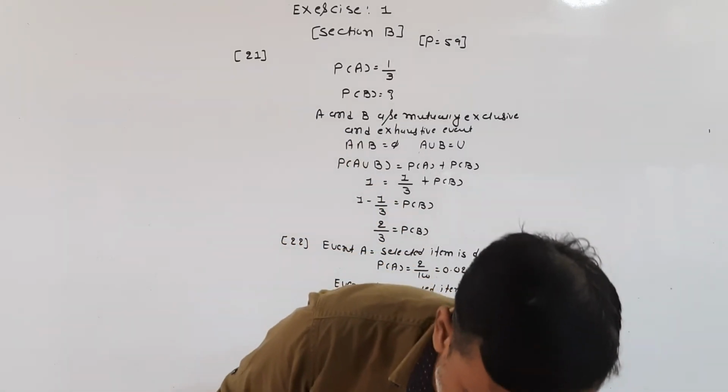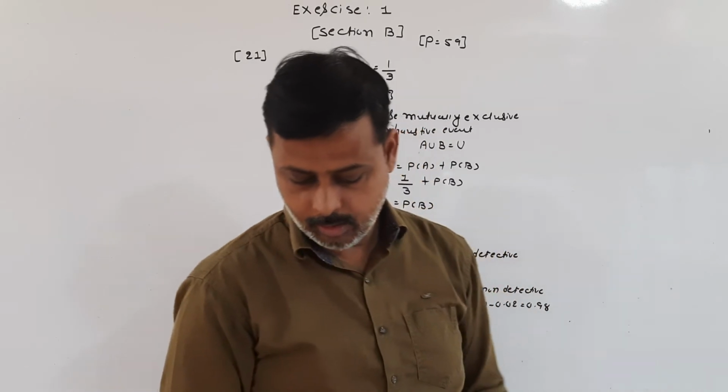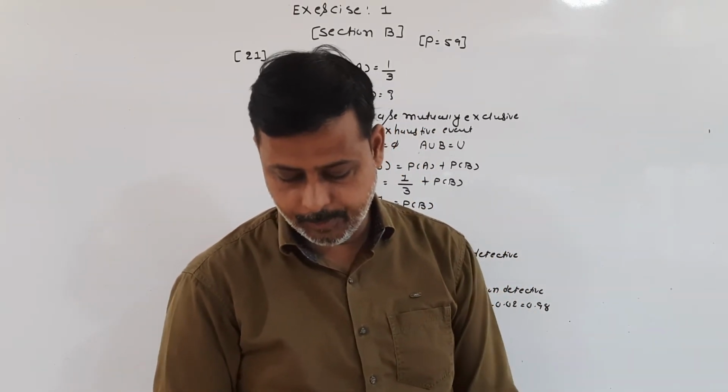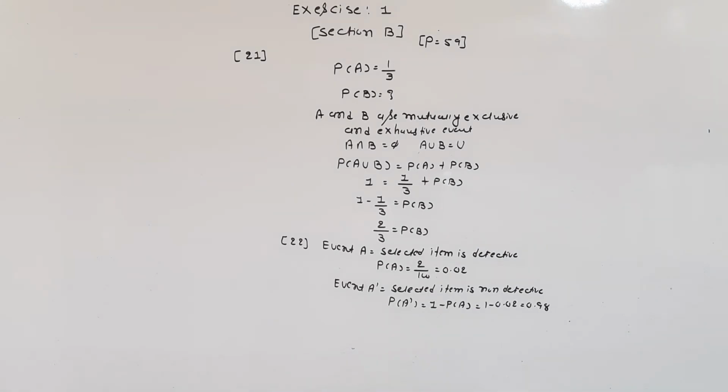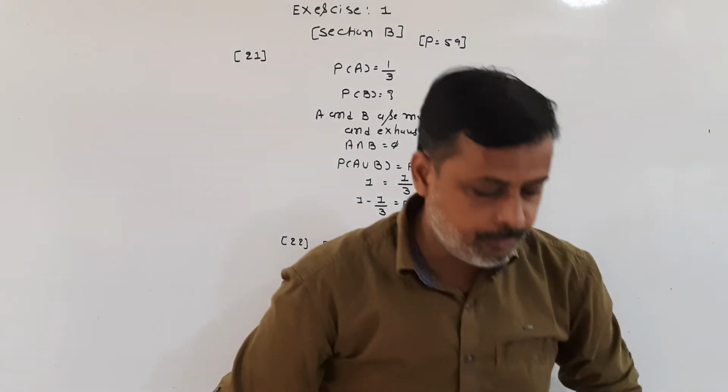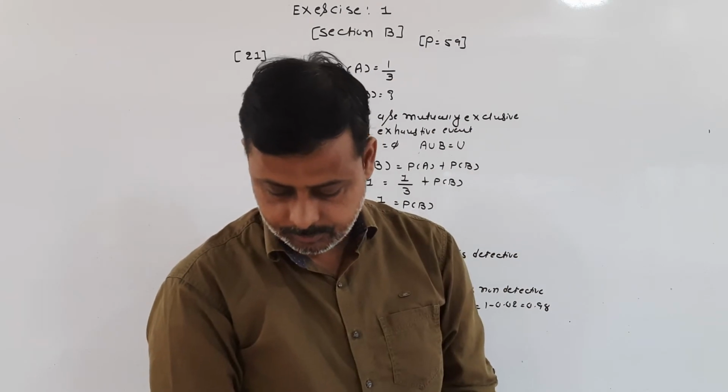Now example number 23. State the number of sample points in the random experiment of tossing 5 balanced coins.